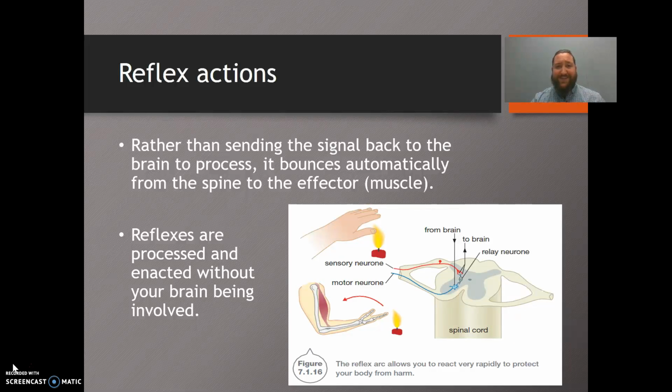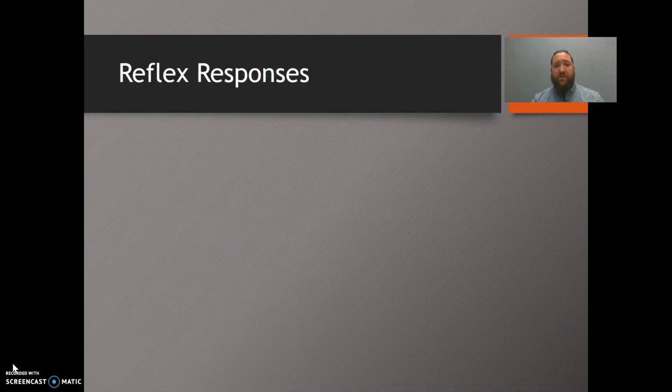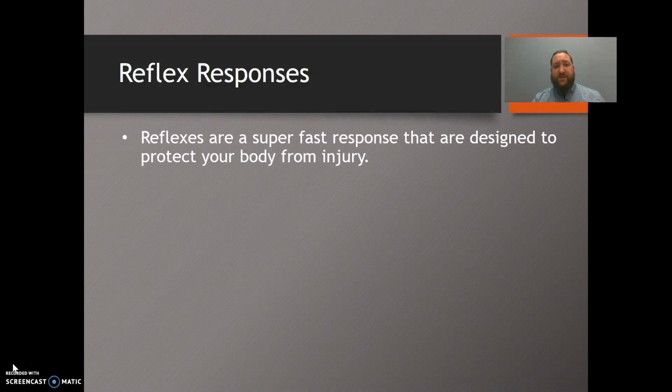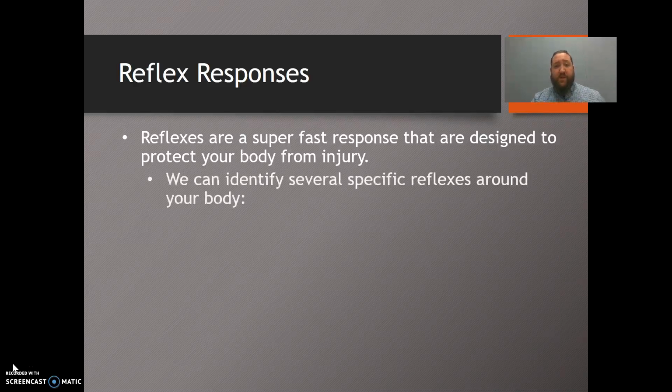It is actually done at the point of the spinal cord. So your brain doesn't even get involved. Reflexes are so fast that they're designed specifically to stop your body being damaged by this stimulus that you've touched. So there are certain specific reflexes that do different things around your body, all basically to protect your body in one way or another.